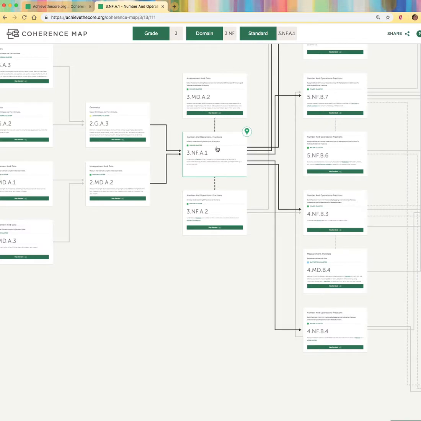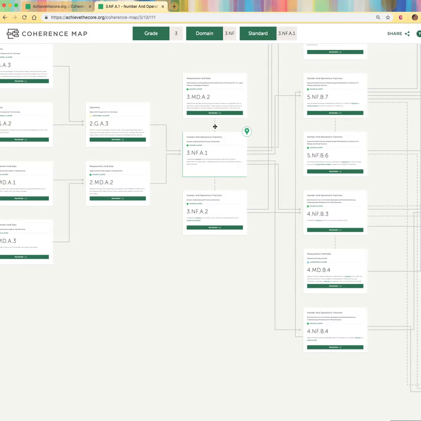My target standard, 3.NF.A.1, is foundational to these standards. When I hold the mouse over it, see how the lines get darker? If I follow those dark lines, it will show me which future standards, what I'm teaching today, 3.NF.A.1, is foundational for students to understand next year and the year after.